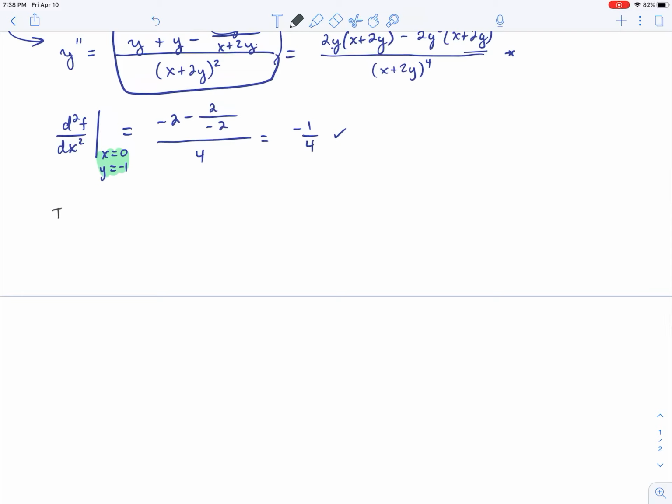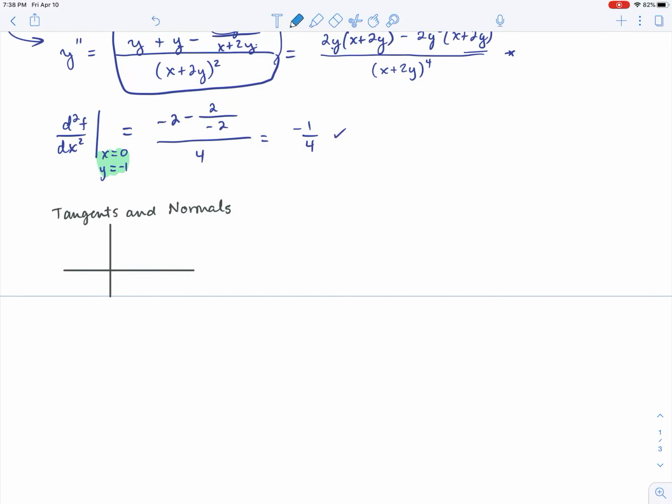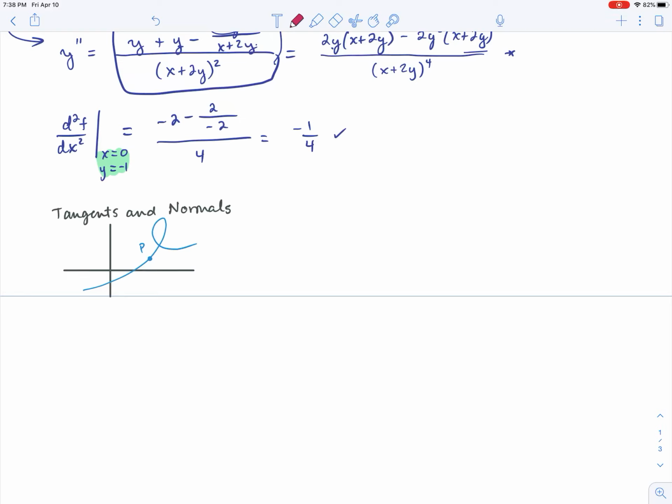Just a quick bit here on tangents and normals. We've talked about tangents a lot, and we've also talked about normals, not a lot, but we have talked about them. If I have some curve here, and I'm looking at just some random point on our curve, then tangent, we're all pretty familiar with.